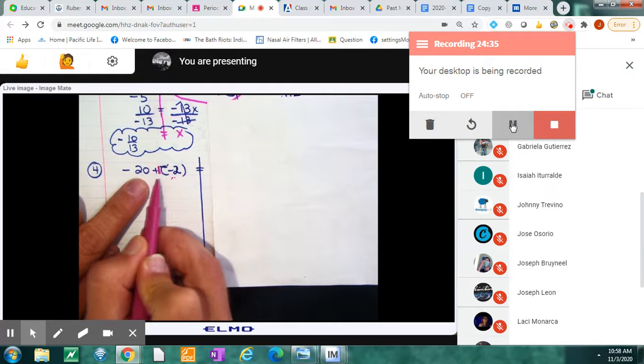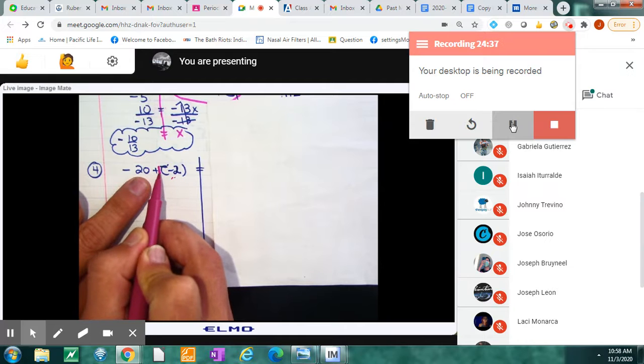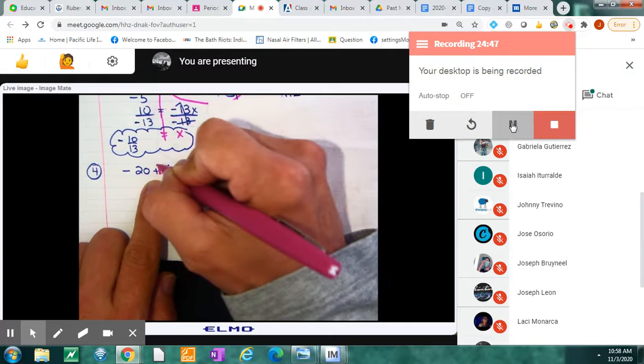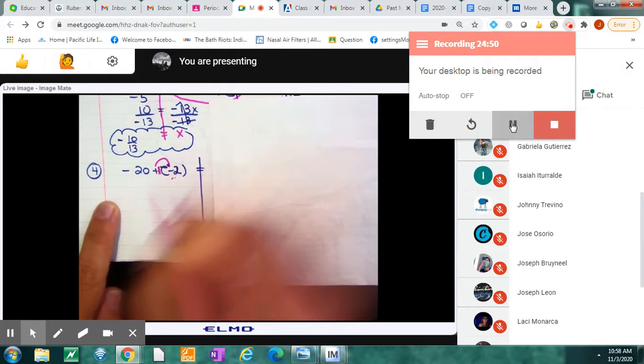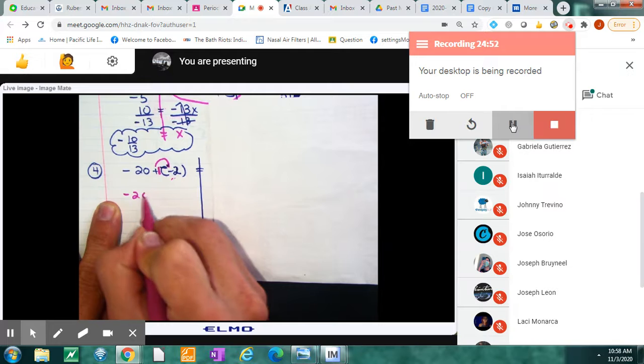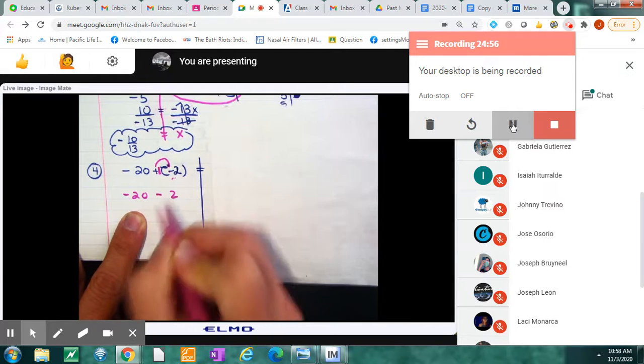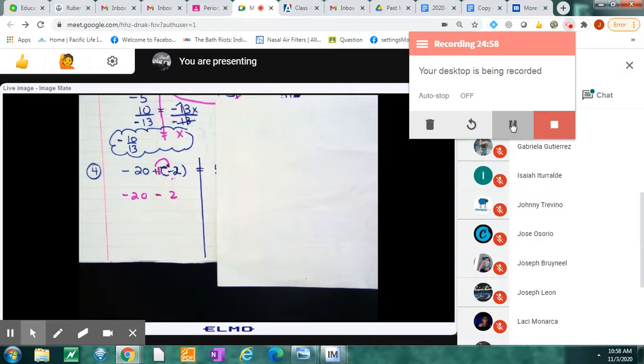No, because it's separated by a plus. So you don't multiply negative 20 times because it says negative 20 plus a negative 2. So I'm going to put a 1 right here, and then I'm going to multiply. Okay, so negative 20, positive times negative is negative. 1 times 2 is 2. Okay, so now what do I get?